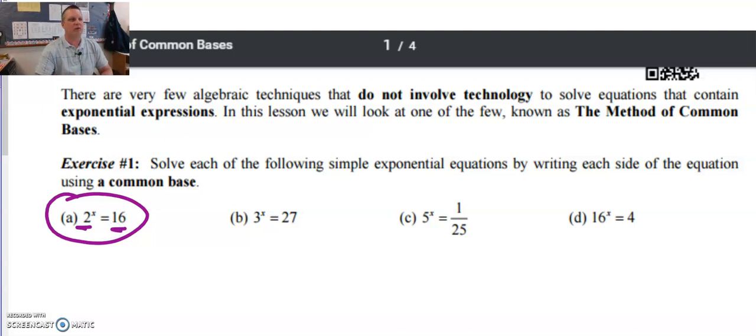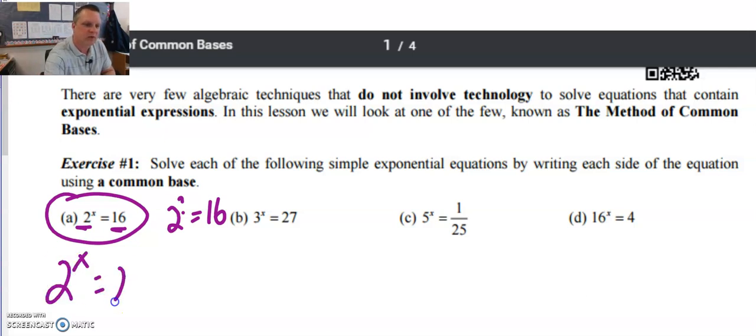I know some of us are having a little trouble with this in class, but you can use your calculator if you need to find out what 2 raised to some power will be 16. So 2 times 2 is 4, times 2 is 8, times another 2 is 16. So 2 to the x equals 2 to the 4th power.